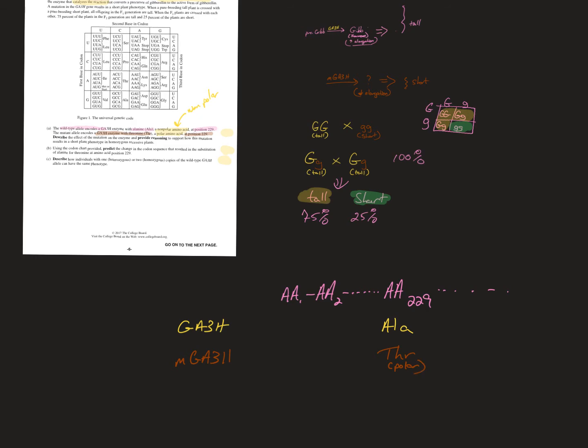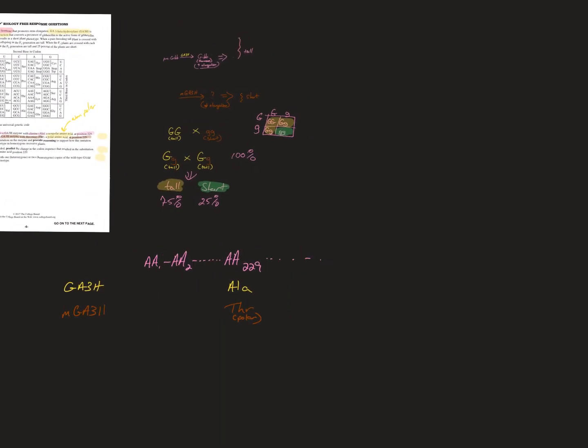So the protein's folding, and as it's folding, the normal protein would look something like, let me go ahead and draw it in yellow. The hormone would look something like this with alanine pointing inside, so it's wrapped around like so, because it's nonpolar. But now threonine comes along, you replace it with threonine, now it takes on a different shape. Now it folds differently. Maybe it folds like this. And this is threonine.